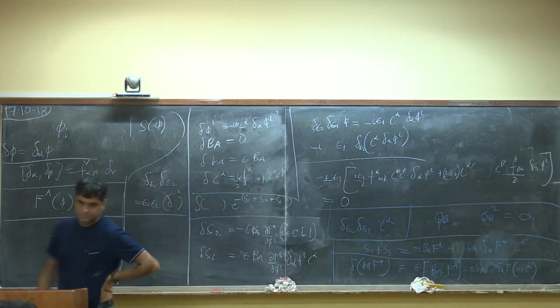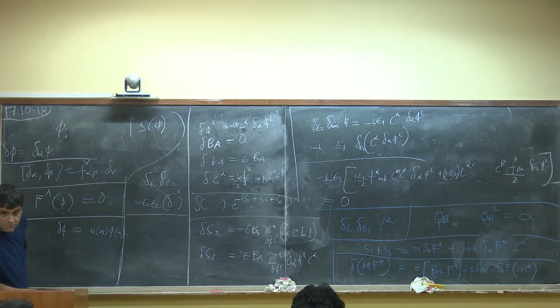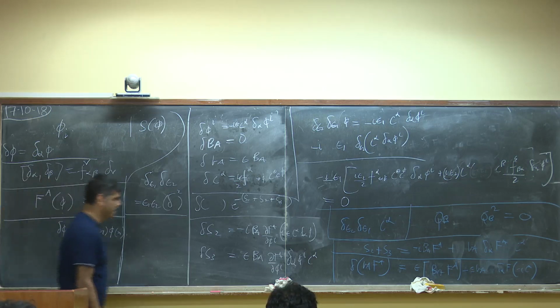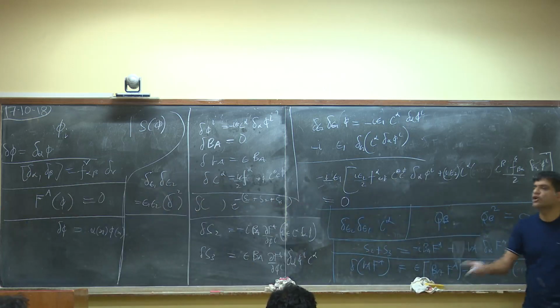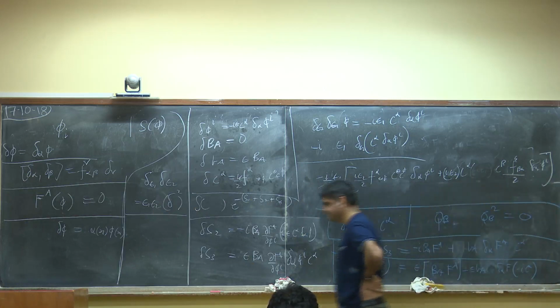For all different F_A, your physics should not alter. Yes, final physics should not alter. Is it not equivalent to saying it has to be exact? Yes, exactly. We'll be showing this through algebra, and then that will be the physical consequence of this algebra.